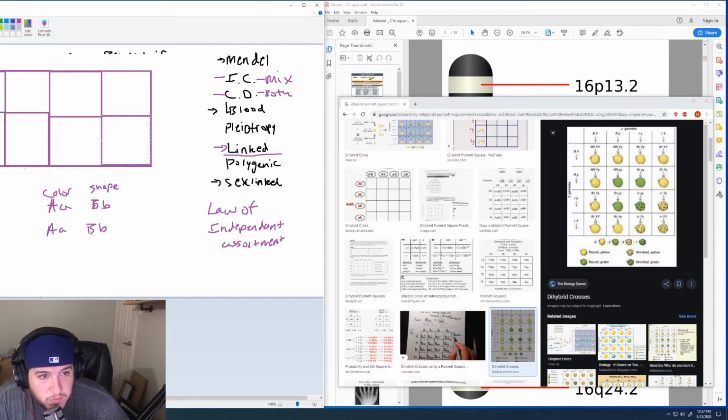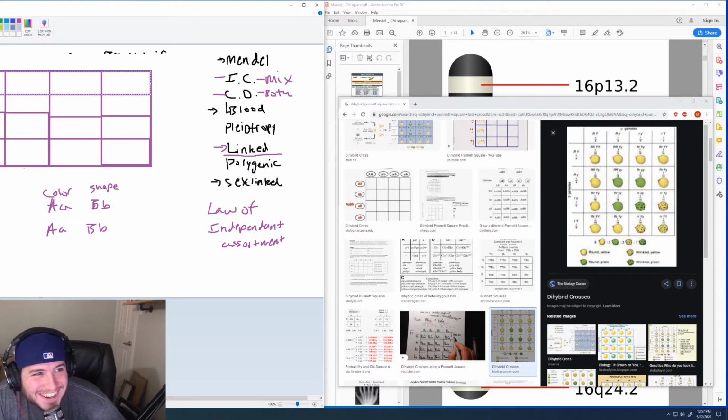Okay, that's really bad, but you get the idea. So this is our 16-box Punnett square, our very, very poorly drawn 16-box Punnett square.